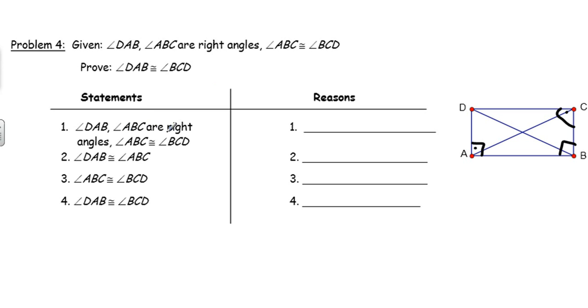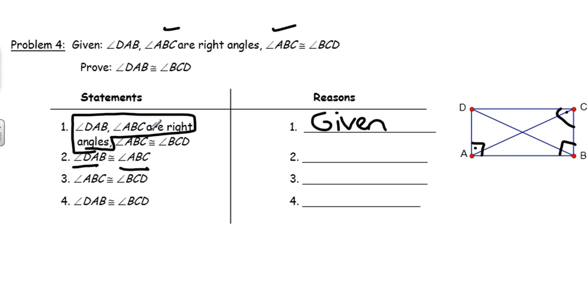So DAB and ABC are right angles. Angle ABC is congruent to BCD. That's both in the given. Then they say that DAB is congruent to ABC. Well, this is where the right angle congruence comes in. We were told that DAB and ABC are right angles, and because they are right angles, they are congruent.